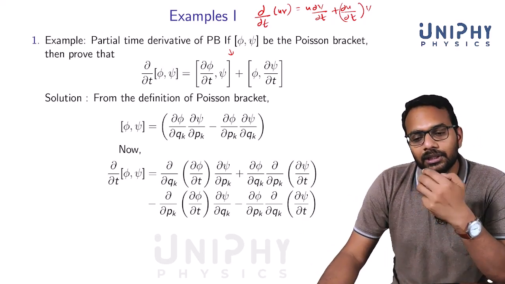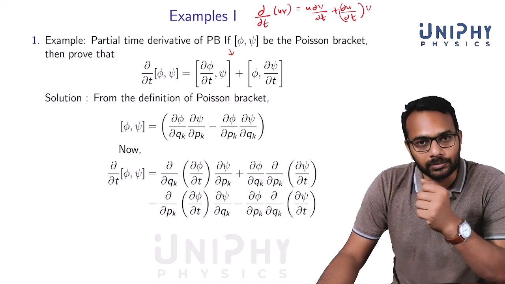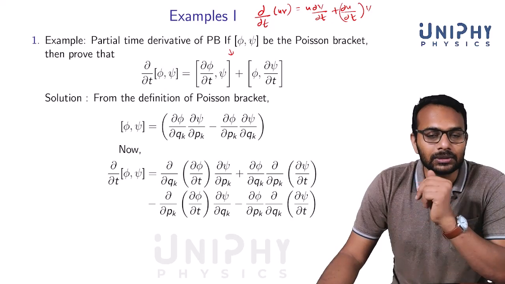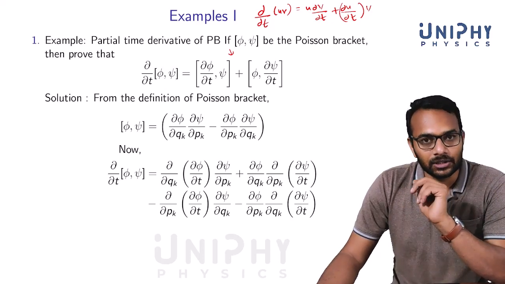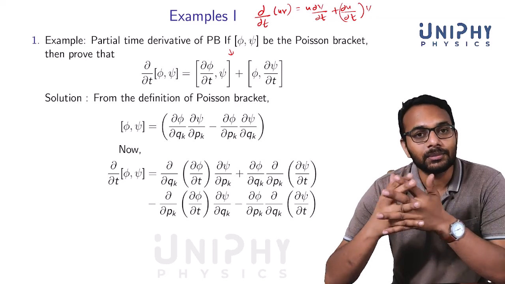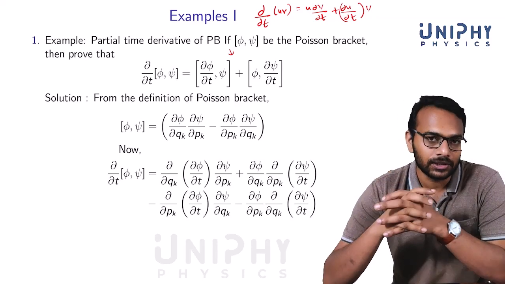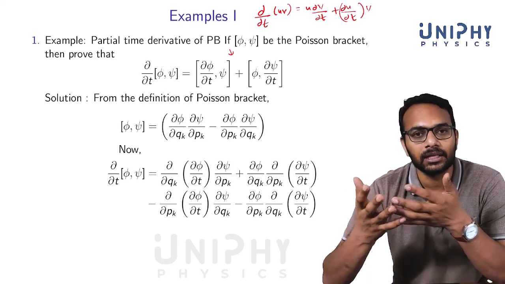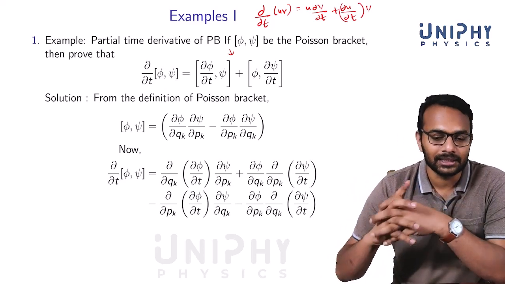But you need to remember that most of the problems using Poisson brackets can be solved without using the fundamental definition. You can also use it, but most problems can be solved without it. This is one of the problems where using the fundamental definition is convenient.